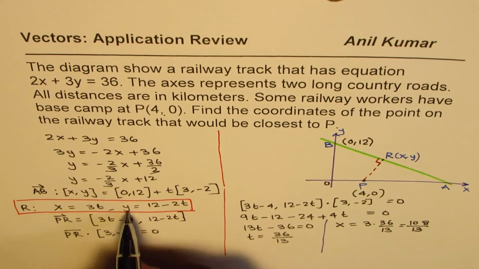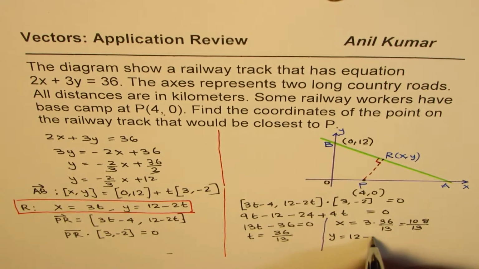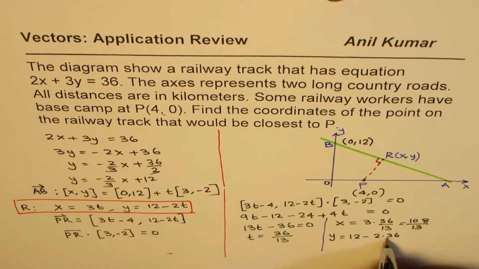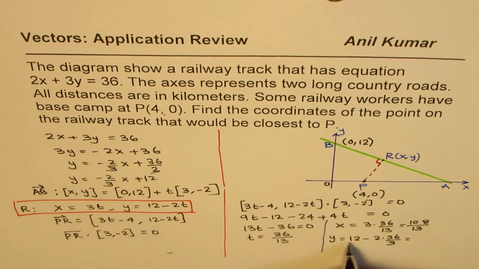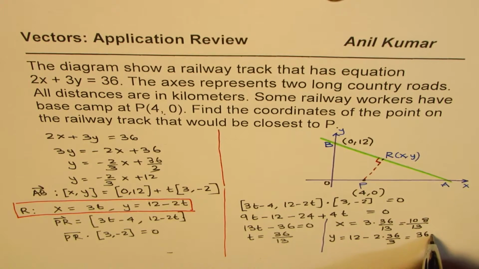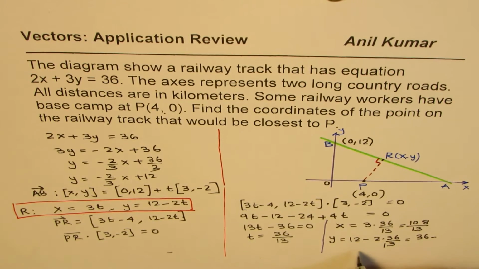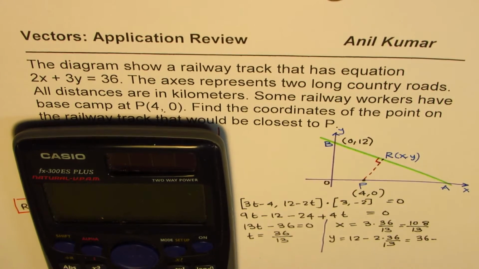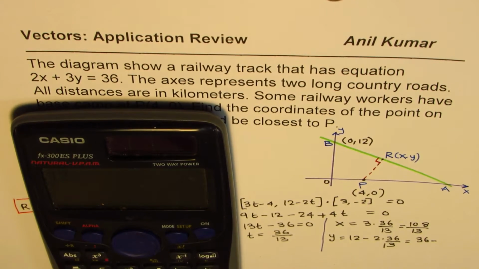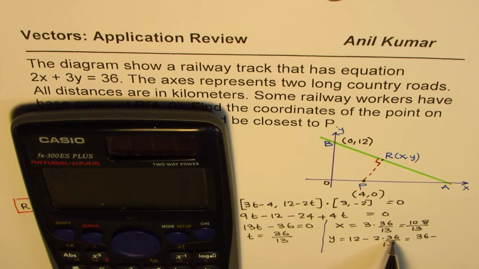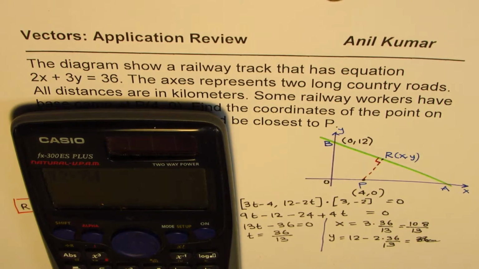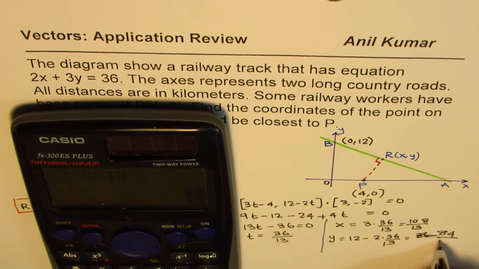The y value will be 12 minus 2 times 36 over 13. We'll need a calculator: 12 minus 72 over 13 equals 84 over 13.